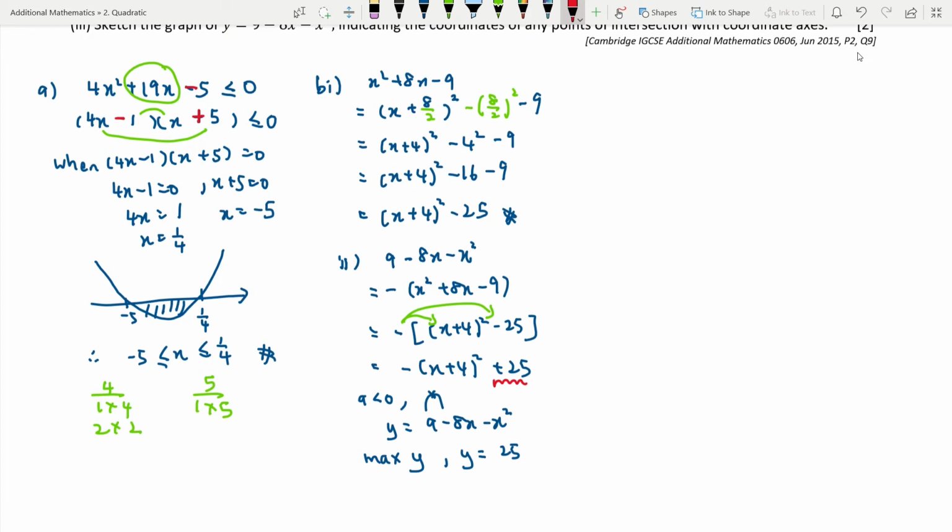Maximum y will occur at the symmetrical line. Hence, to obtain the x value, we solve for the symmetrical line. x plus 4 is equal to 0. Therefore, x is equal to negative 4.